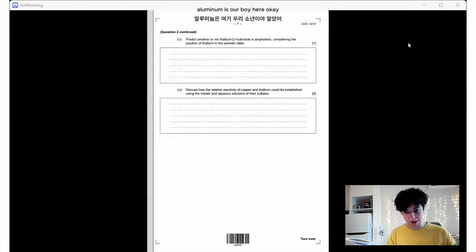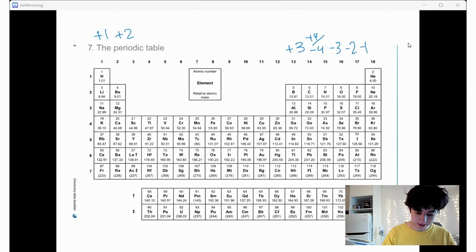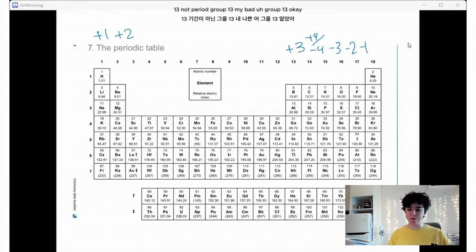Aluminum is our boy here, okay? And that is because it is in group 13. Okay, and so it's essentially right on that edge, kind of in the middle of that trend of the acid base oxides trend.